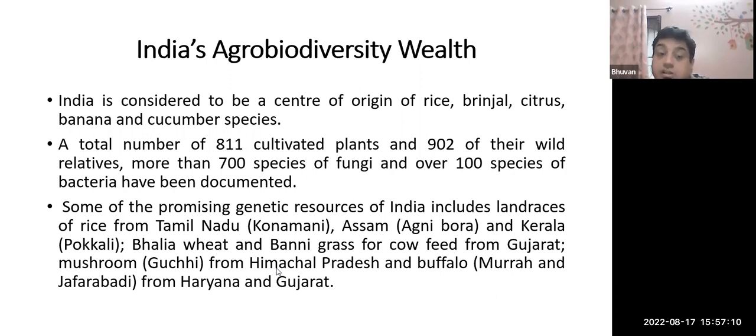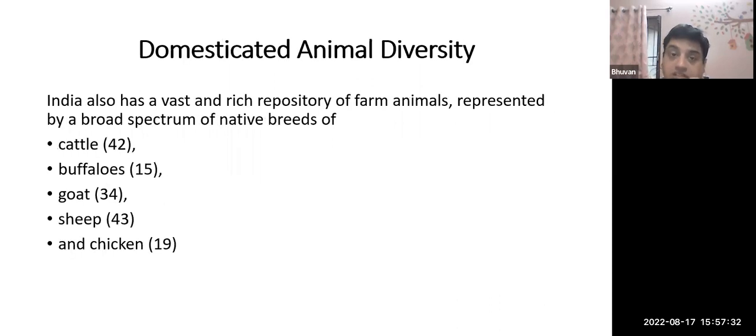If we talk about buffalo, there are two breeds, Murrah and Jafrabadi. They come from Haryana and Gujarat, and they produce milk at large scale. So these are some of the major features of India's agrobiodiversity wealth.